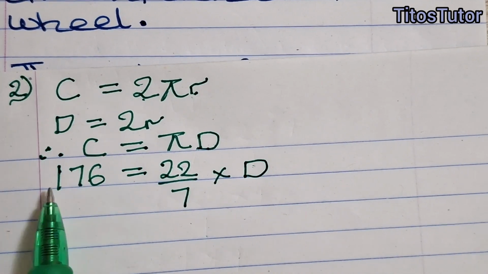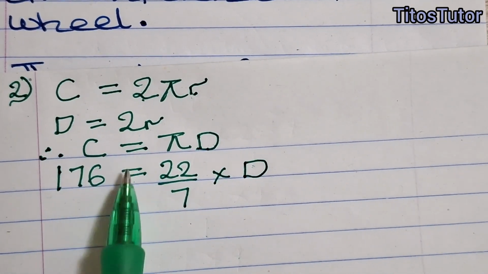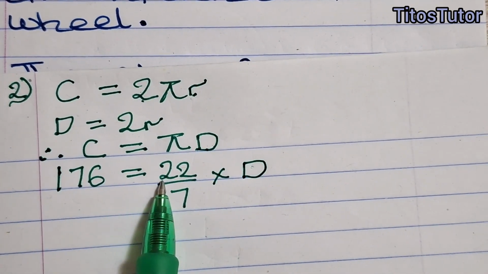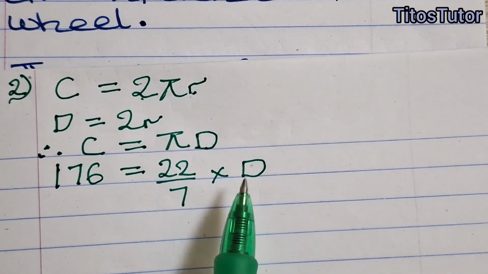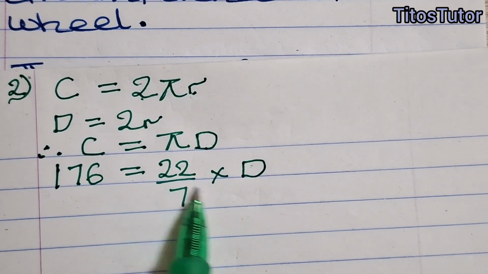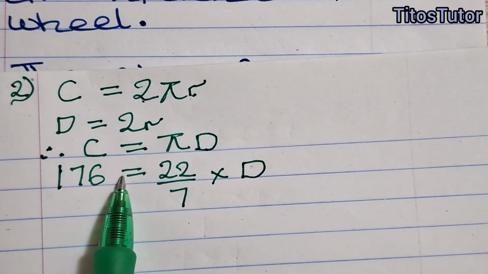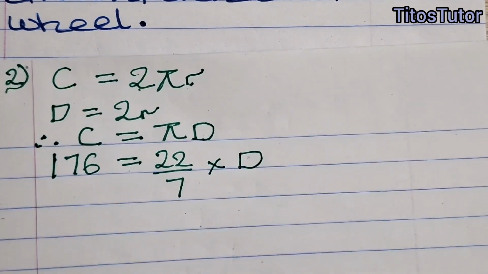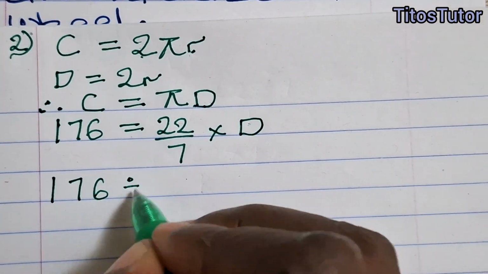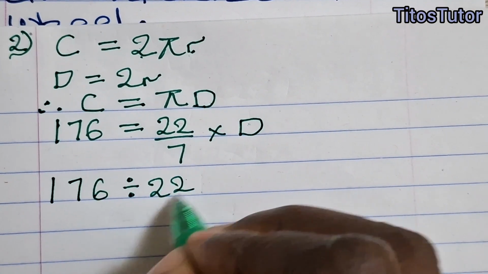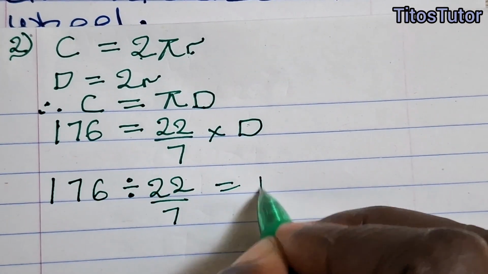Wherever you see C, you put 176. Your equal sign, pi is 22/7, and d is what we are looking for. Remember that this is multiplying d. So when you take it to the other side, it becomes division. So here I have 176 divided by 22/7, and this is my d.